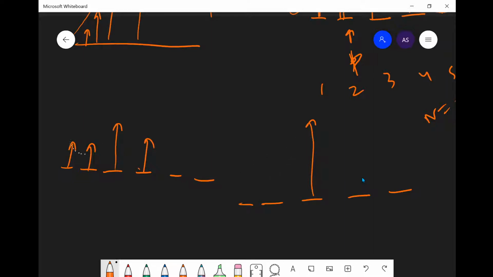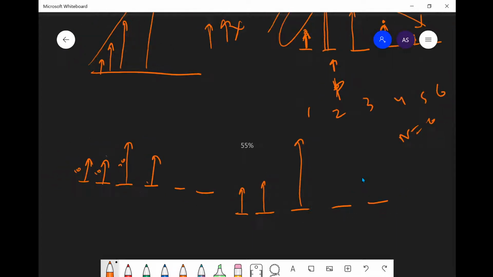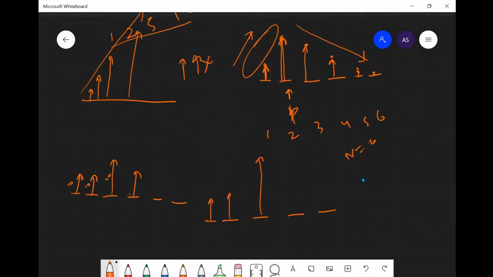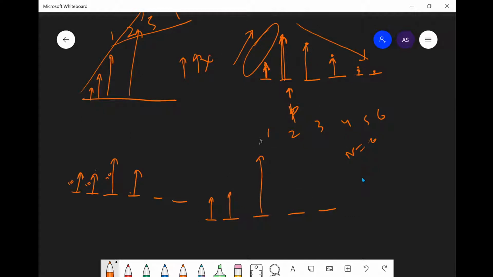These two points which have the same height, that means the same value, 10 and 10, suppose this is 20, cannot be placed here. If we place these two here, 10 and 10, they would have the same height, and what we want is for the height to be strictly increasing in this direction. But if they both have equal value, then it is not increasing, and it is never possible.